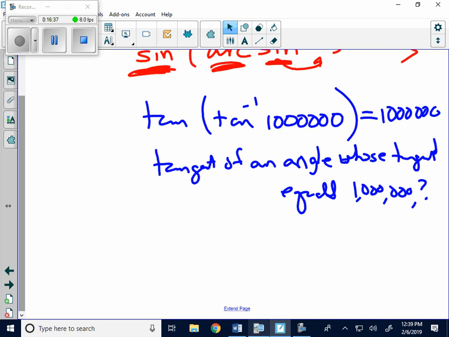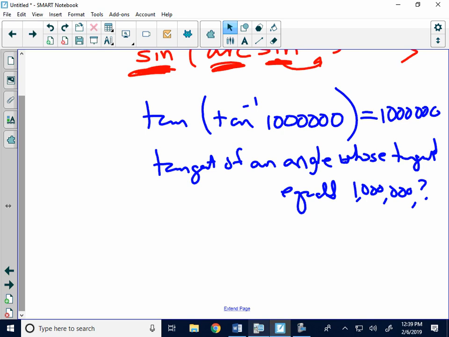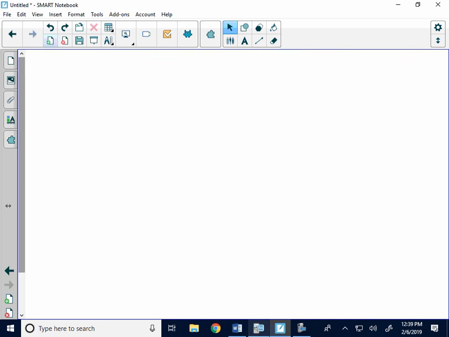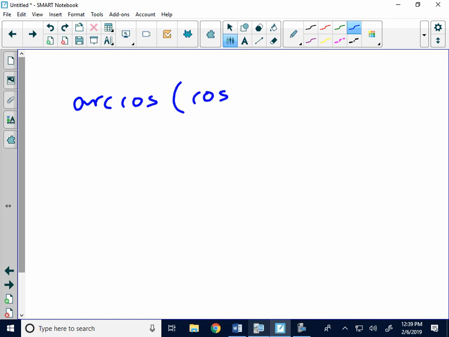How about this one? What is the arc cosine of the cosine of negative pi over 6?